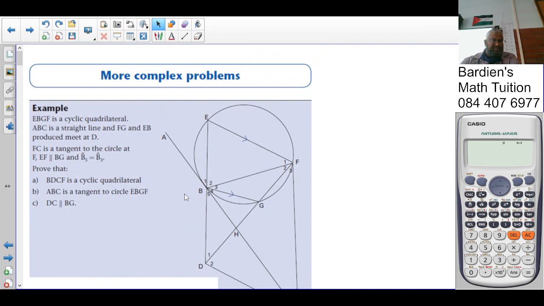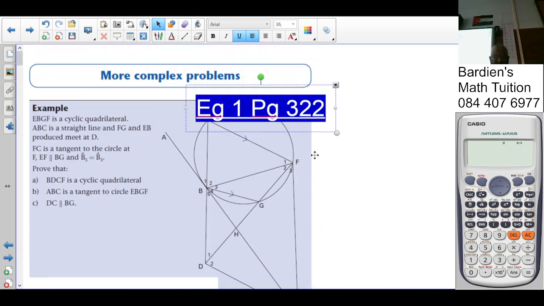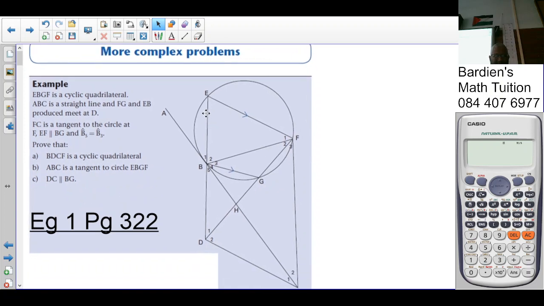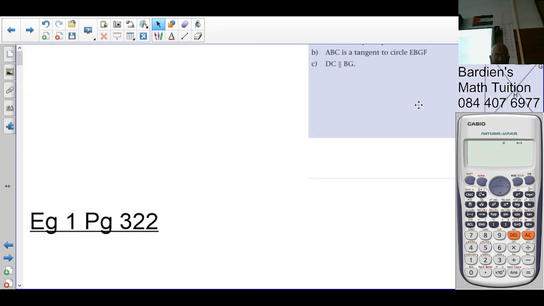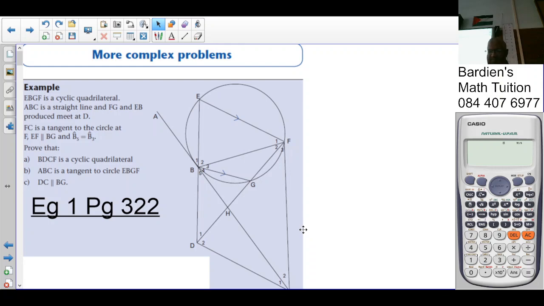So now we look at more complex problems, for example, number 1 on page 322.